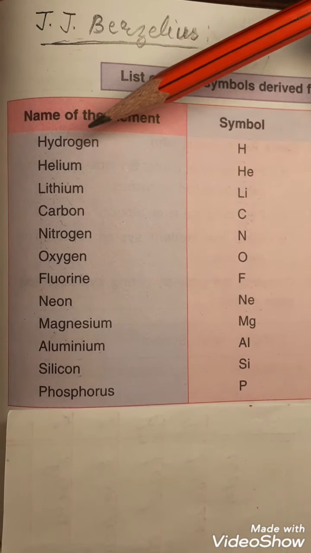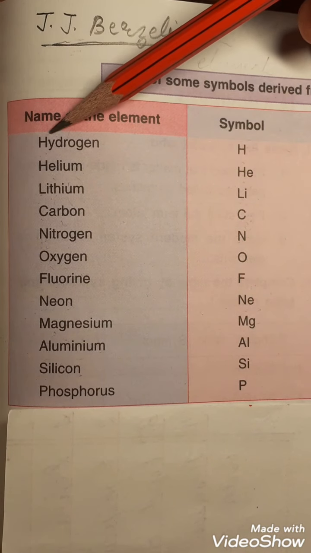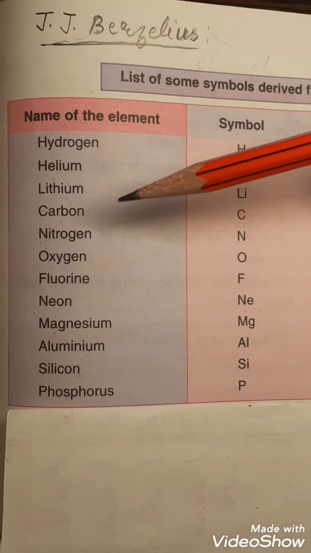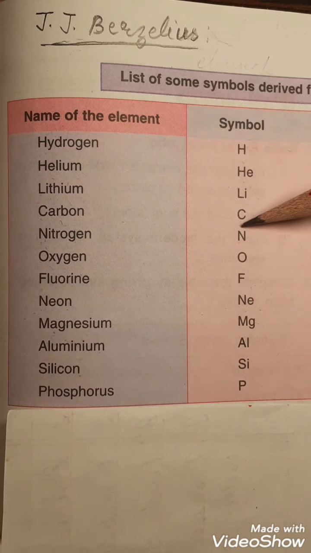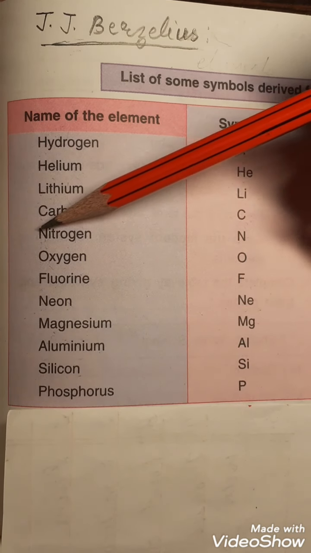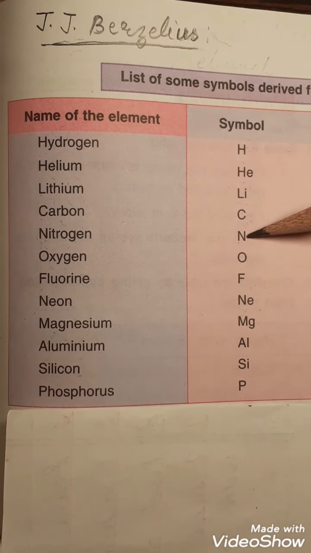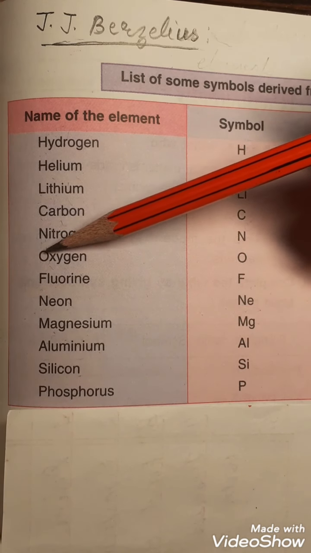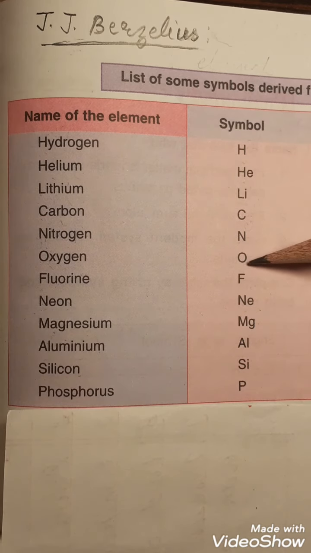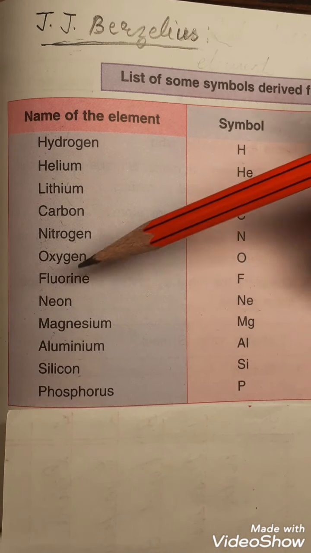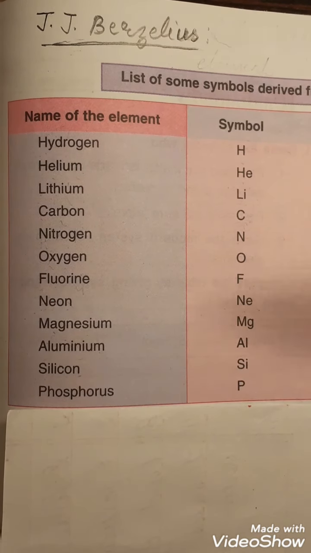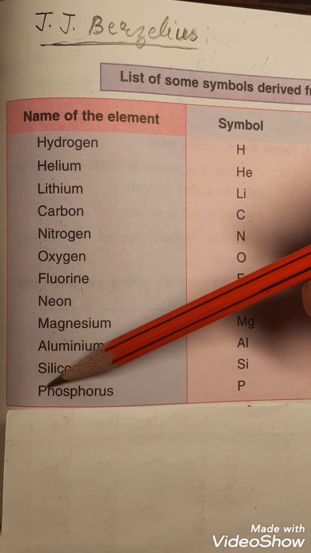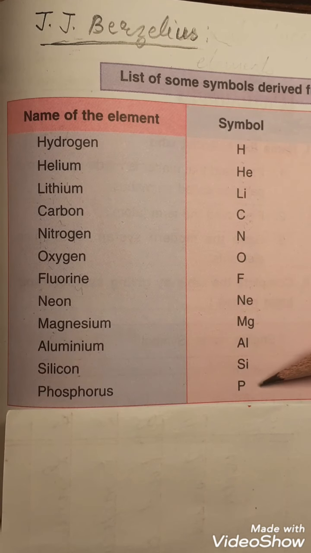For example, hydrogen, the starting letter is H, symbol becomes capital H. For carbon, the symbol becomes capital C. For nitrogen, as the first letter is N, its symbol becomes capital N. Oxygen, the first letter is O, so its symbol becomes capital O. For fluorine, it becomes capital F. For phosphorus, as the first letter is P, its symbol becomes capital P.